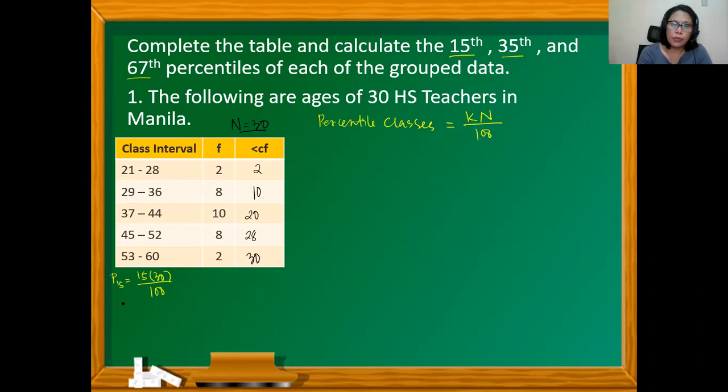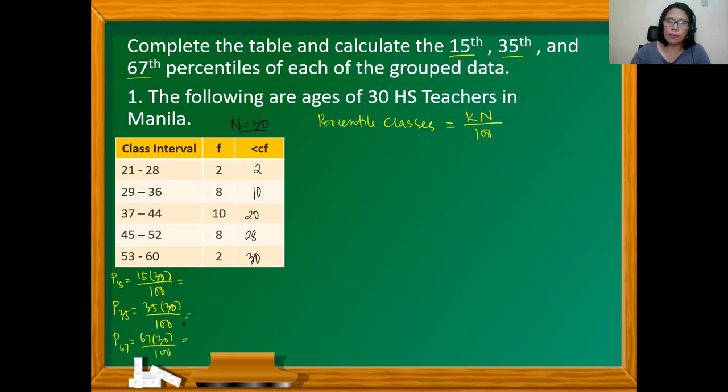Okay, so for P sub 35, we have K equals 35 times N all over 100. And then lastly, P sub 67, K equals 67 times 30 all over 100.